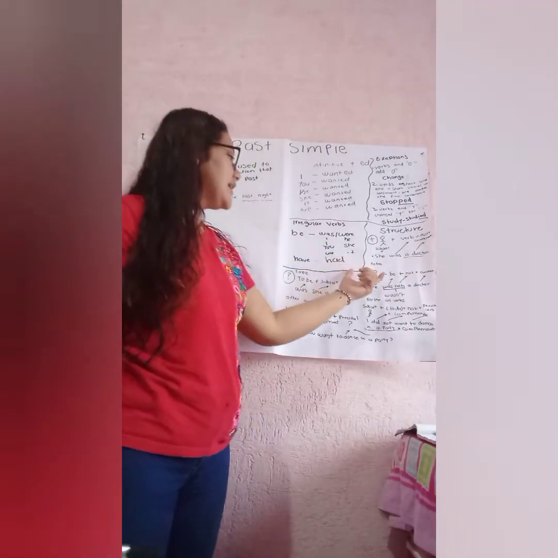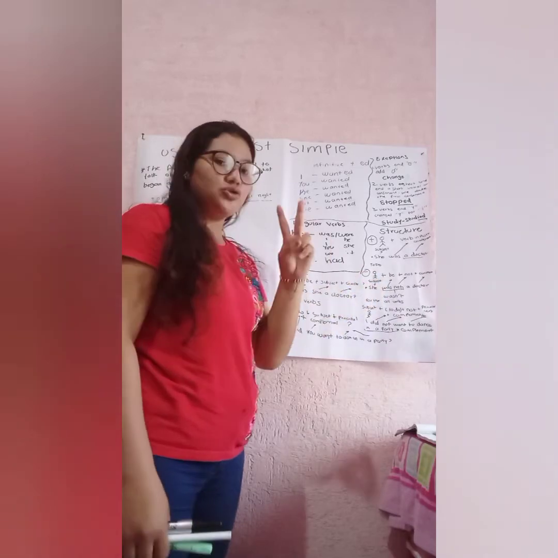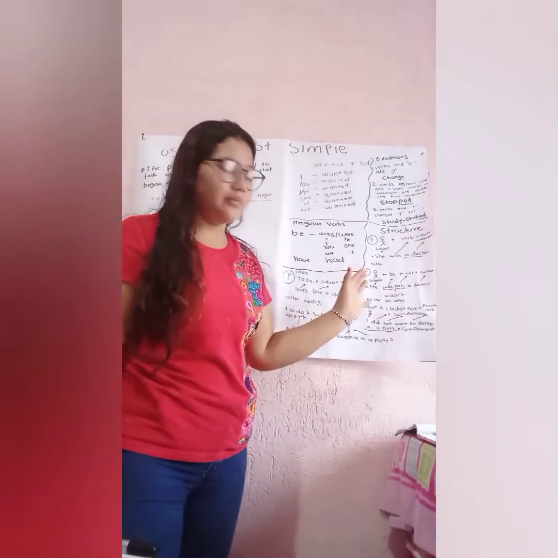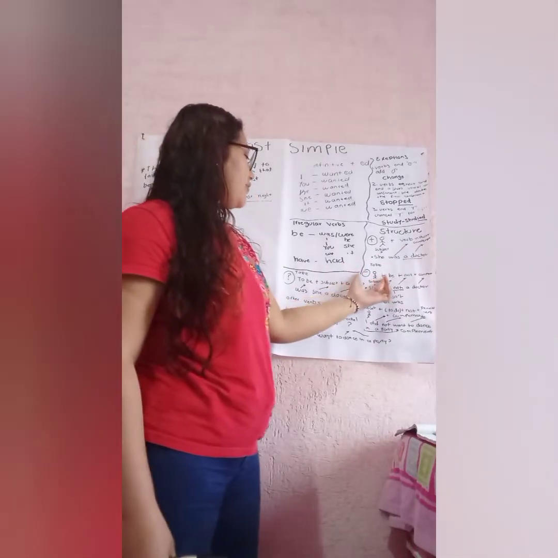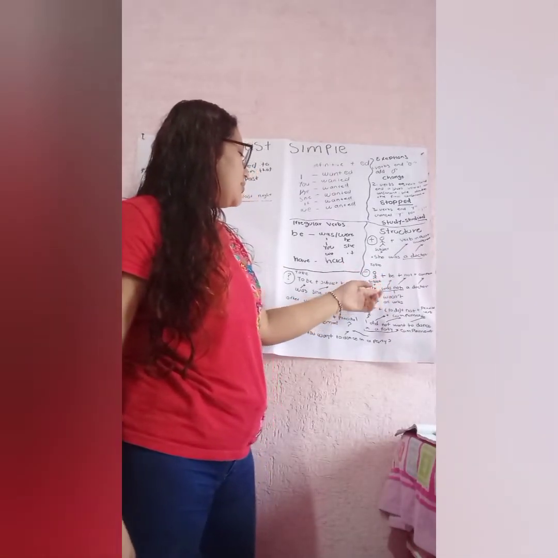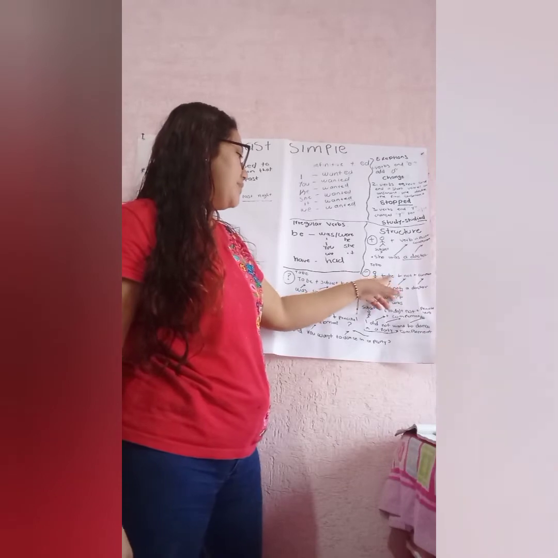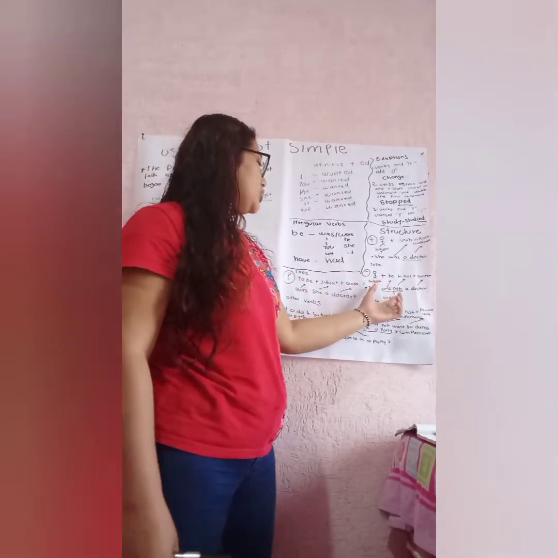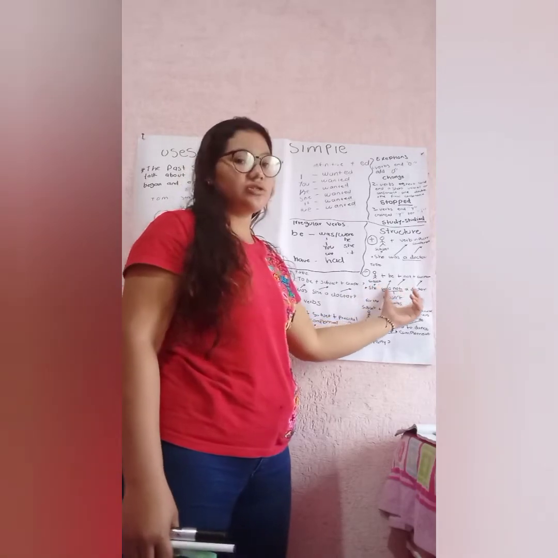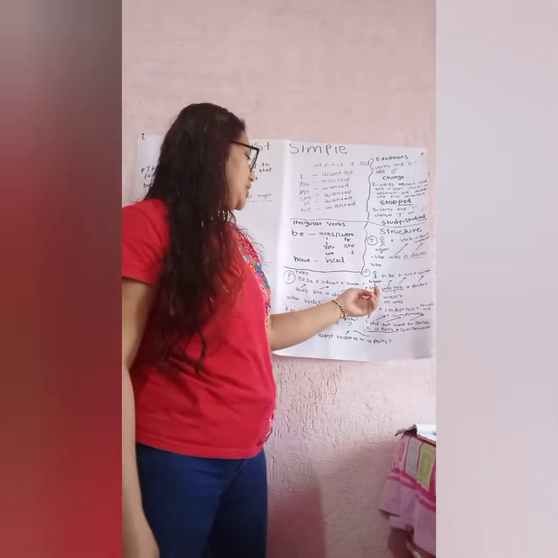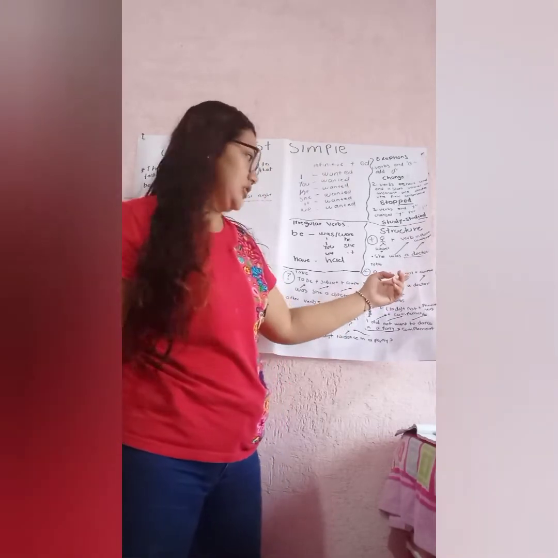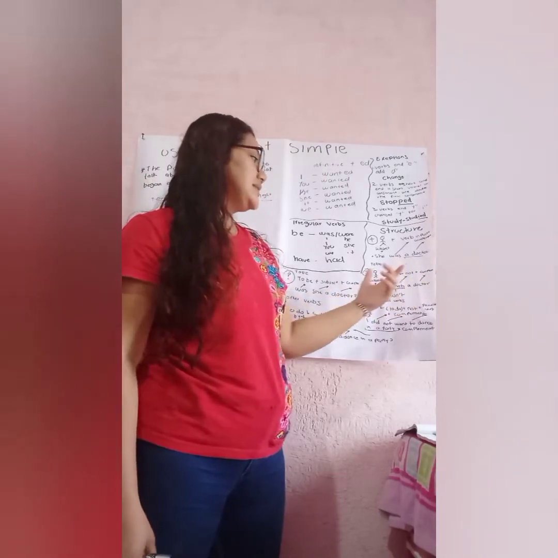Okay. For the negative form, we have two forms to create this: for the verb be and for all the other verbs. For the verb be, we need to use the subject plus verb be plus not plus complement. For example, she was not a doctor. She is the subject, was is the verb be, not is the particle for negation, and a doctor is the complement.